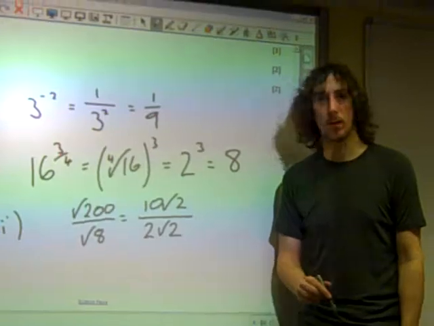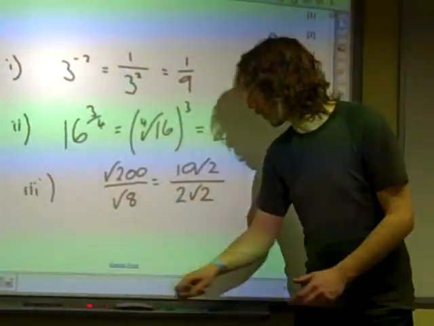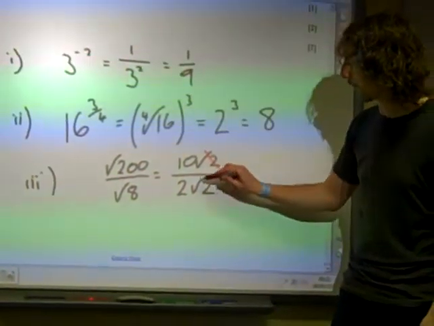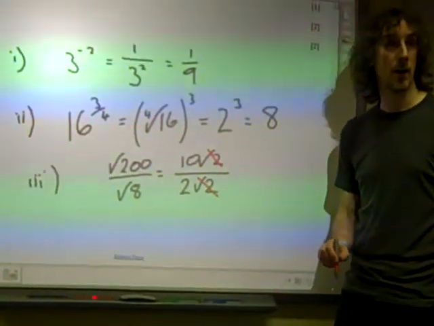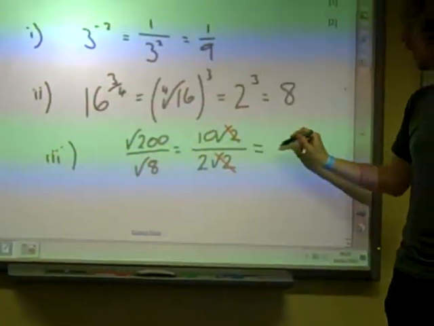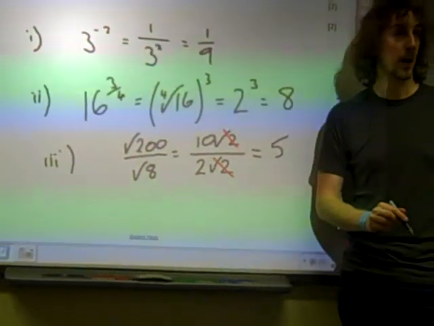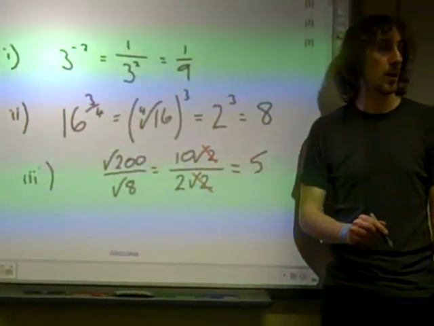So root 8 is 2 root 2. At which point we see that we've got a common factor of root 2 on the top and the bottom of the fraction. So we can get rid of that. We've then got a common factor of 2 as well. 10 divided by 2 is going to give us 5. And that's quite nice, isn't it?